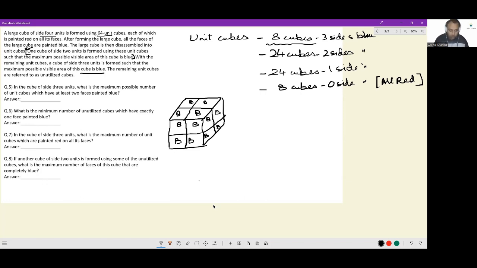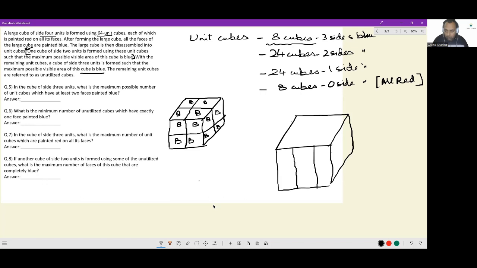Now, when you're creating a cube of side 3 units, my diagramming skills are not very great, so please forgive me if the diagram is not pretty. It will be functional, hopefully.